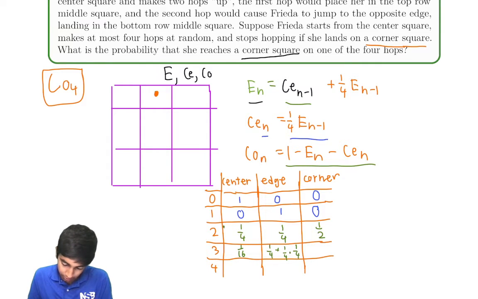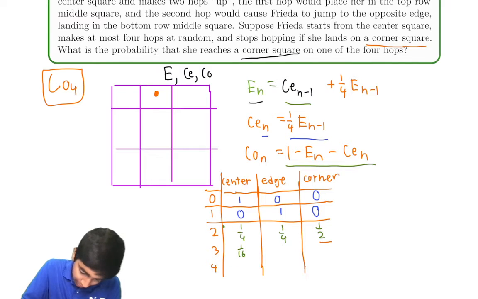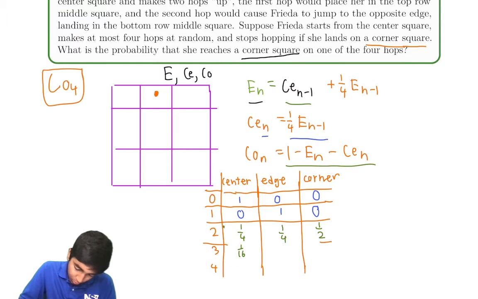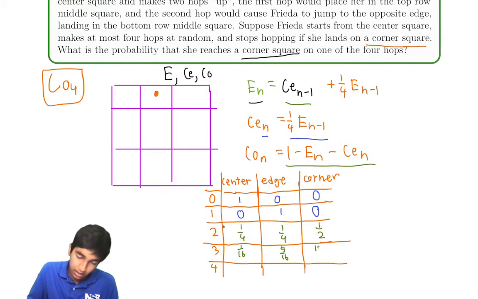If we add this up, that's 1/4 plus 1/16, which is 5/16. So the corner will just be 10/16 because it has to sum to 1, which is 5/8.